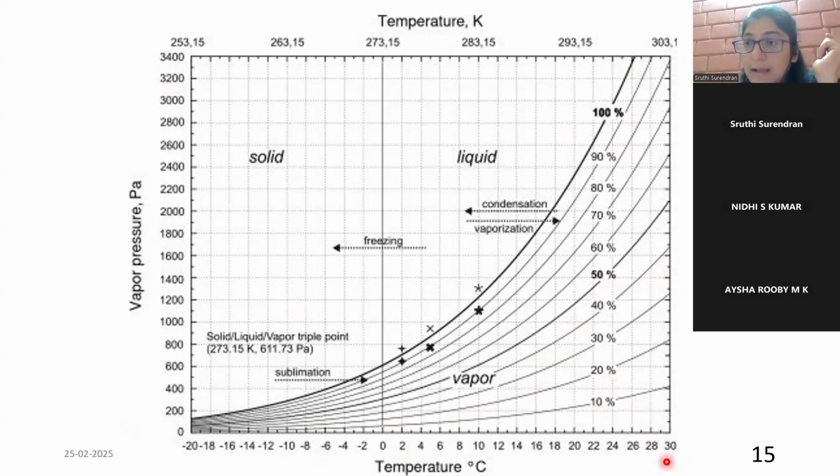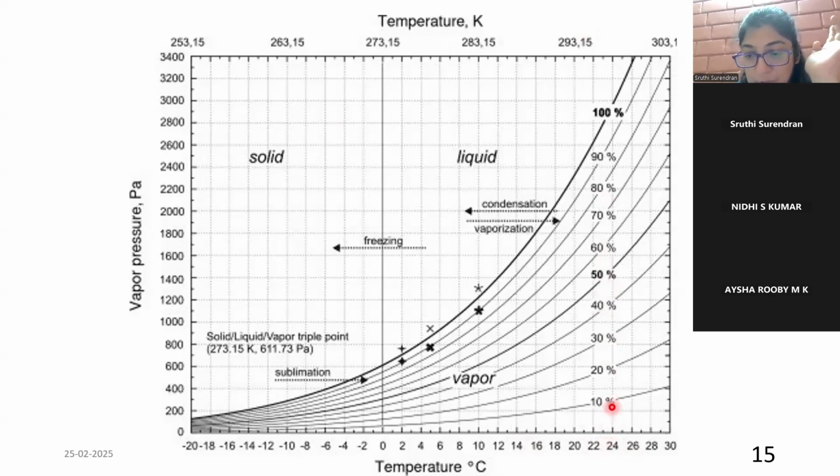Now, I did say that relative humidity at a particular temperature is different. You can see at 24 degrees Celsius, there is 10, 20, 30, 40, 50, 60, all sorts of relative humidity.